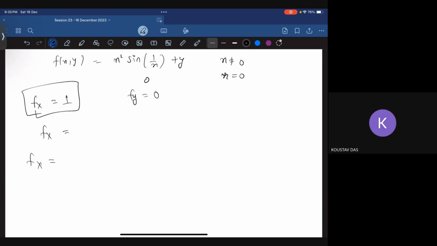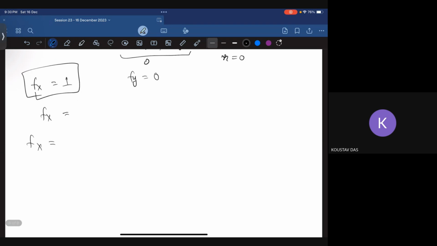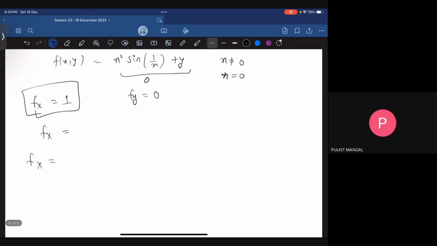When x is not equal to 0, then we can use the normal partial derivative, right?